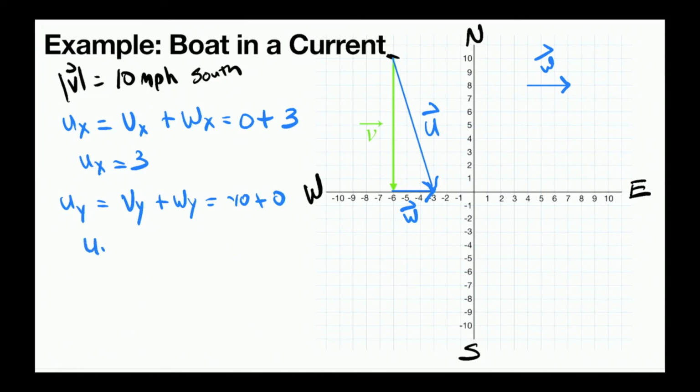So the y component of u is -10. So we can write this in unit vector notation as u is 3 i hat minus 10 j hat.